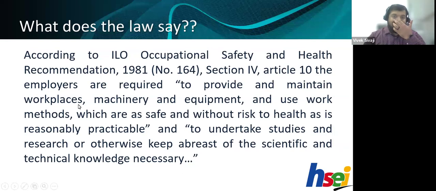See, according to, obviously, the ILO, we all know the International Labour Organization, the Occupational Safety and Health Recommendation, 1981, number 164, Section 4, Article 10 actually does require that the employers make sure that the workplaces are as safe as possible, without risk to health as is reasonably practical, and to undertake the studies and stay abreast of the scientific and technical knowledge necessary. Well, ergonomics is essentially the answer that we're looking at.